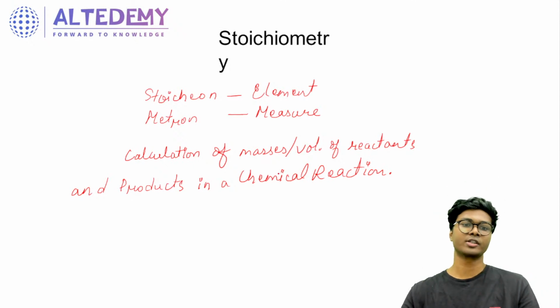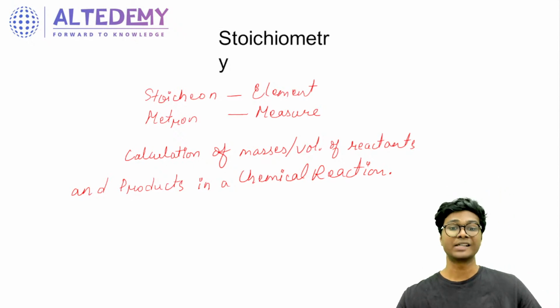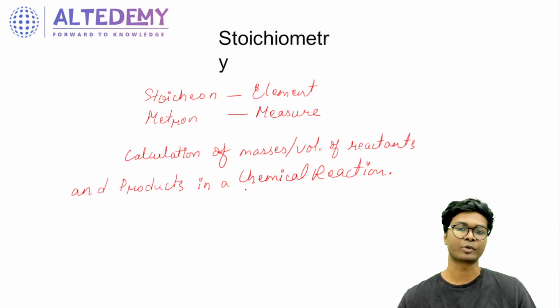So what is stoichiometry? Stoichiometry is a calculation of masses or volumes of reactants and products in a chemical reaction. So what does this mean?